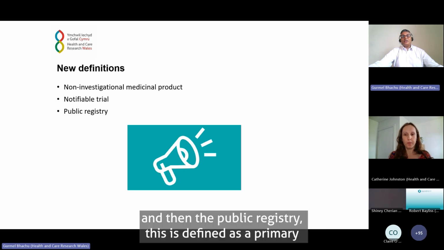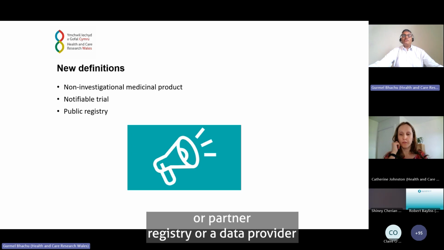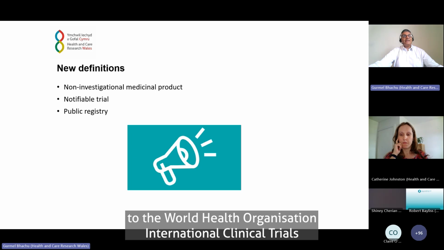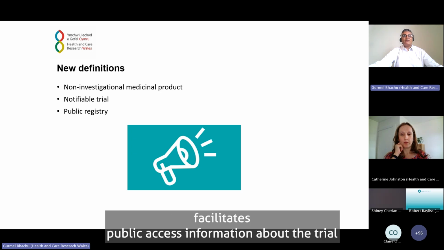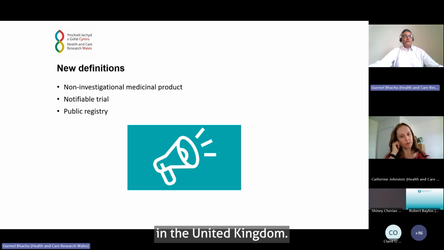And then the public registry is defined as a primary or partner registry of, or a data provider to, the World Health Organization International Clinical Trials Registry Platform, provided that the registry or the data provider facilitates public access to information about the trial in the United Kingdom.